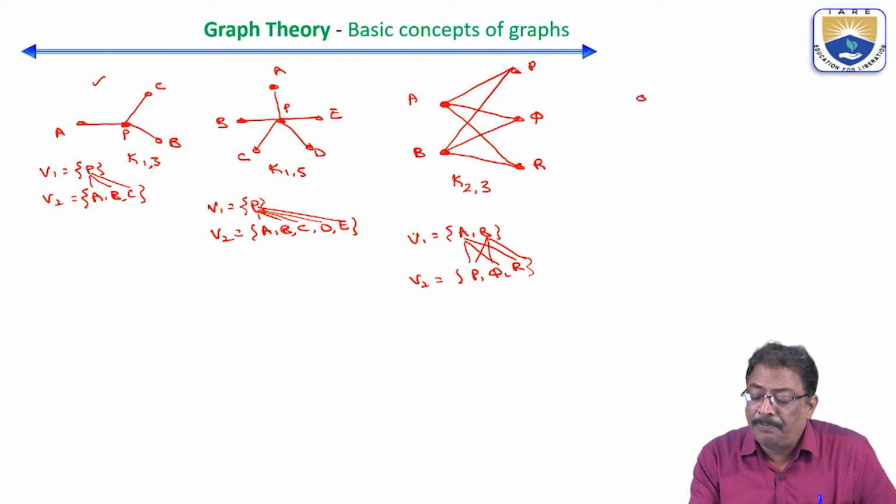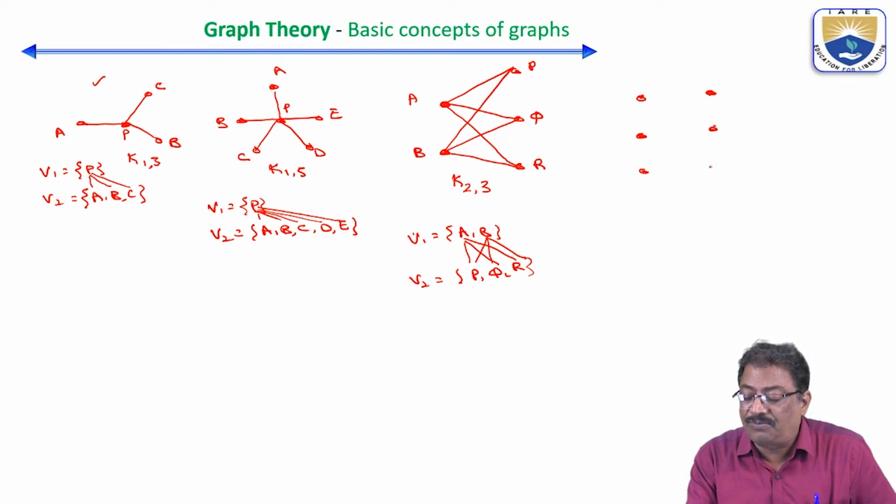Now I am going to take one more, with 6 vertices: 3 and 3.